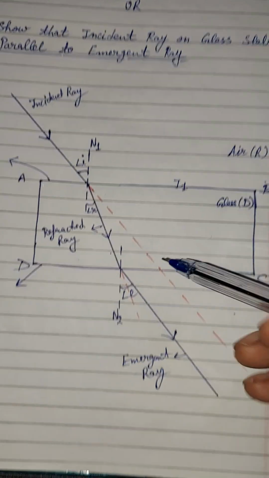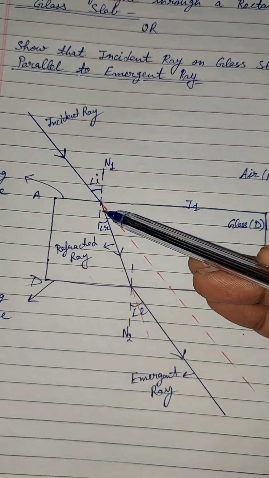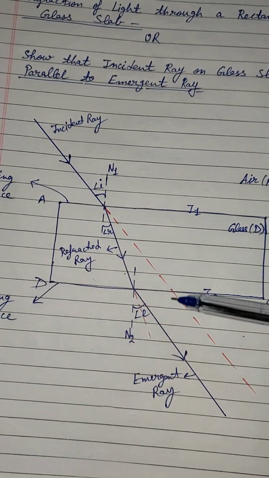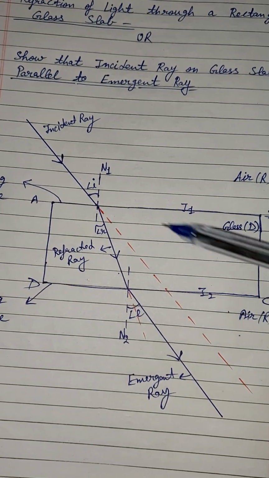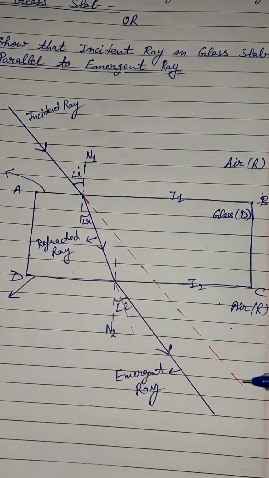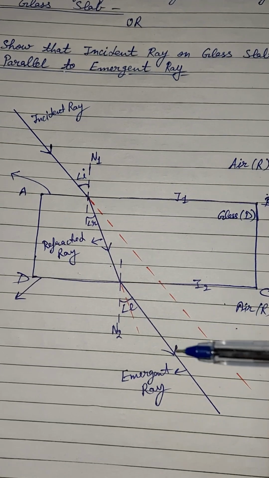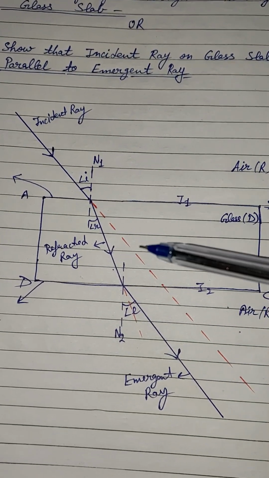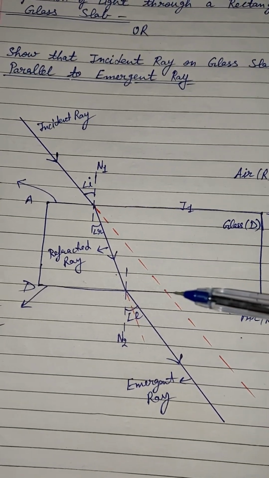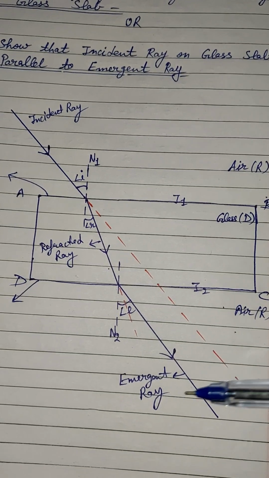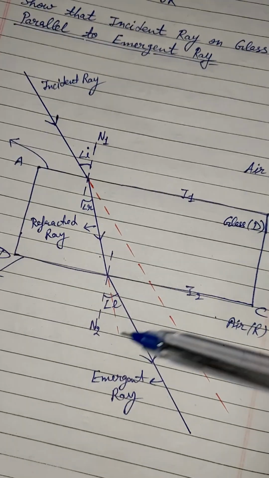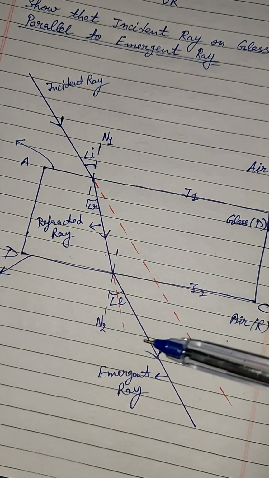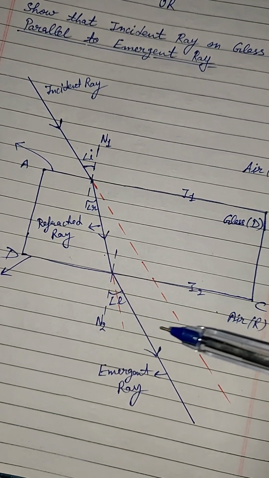Now if you extend the original path of the incident ray and you draw the emergent ray, you can see these two rays will be parallel to each other.